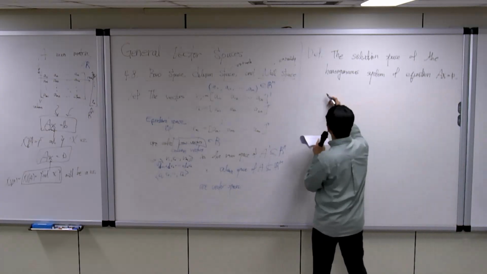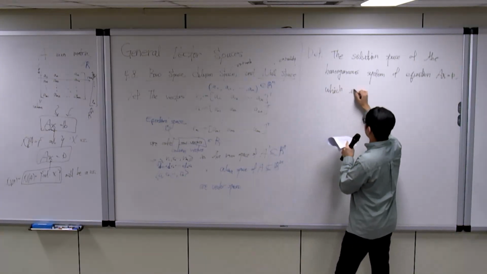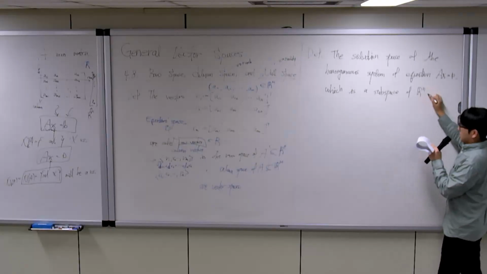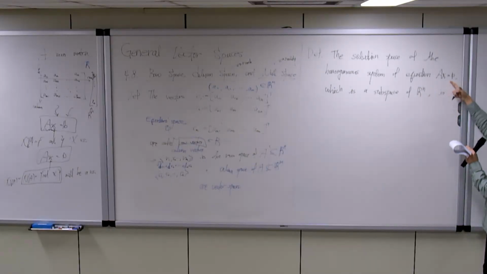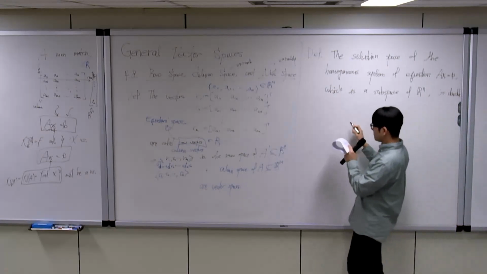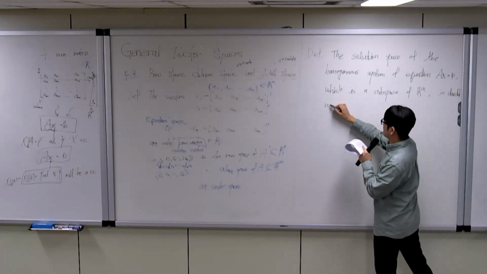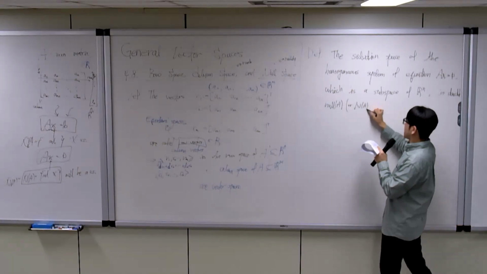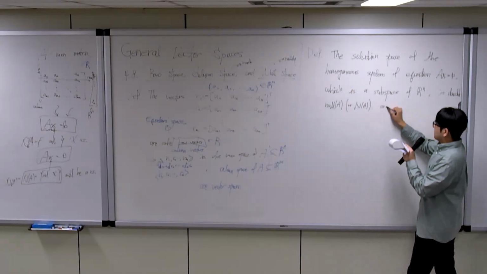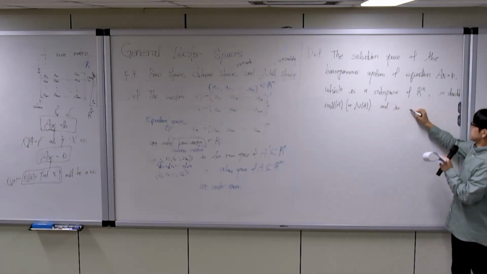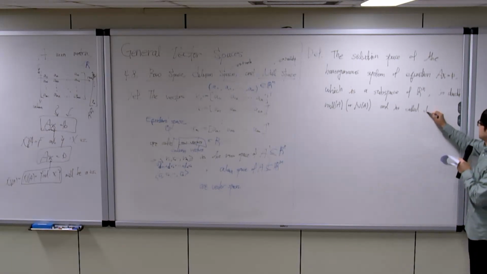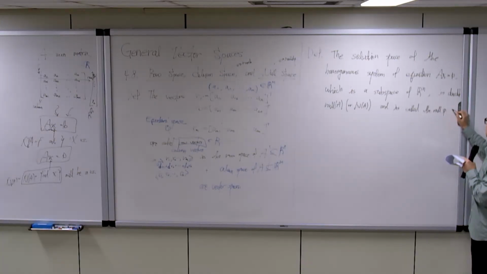So the space is a subspace of R to the n, and this solution space is denoted null A or just n of A, and is called the null space of A.